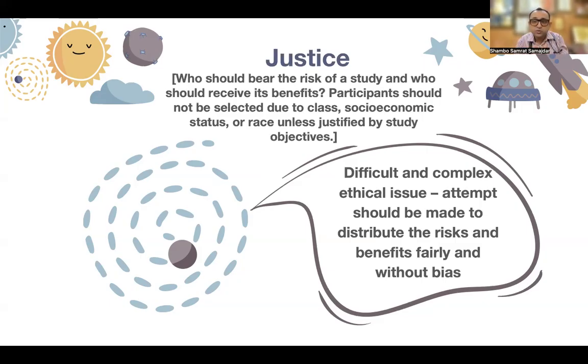Again and again, equitable distribution. Who should bear the risk of a study and who should receive its benefits? Participants should not be selected due to class, socioeconomic status, or race, unless justified by study objectives.